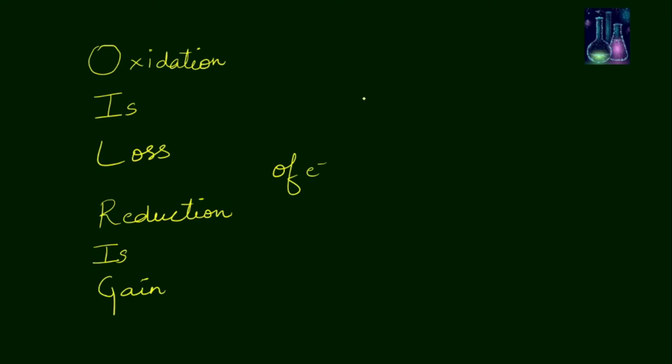So here we have a standard example, sodium metal converting into Na plus and electron.